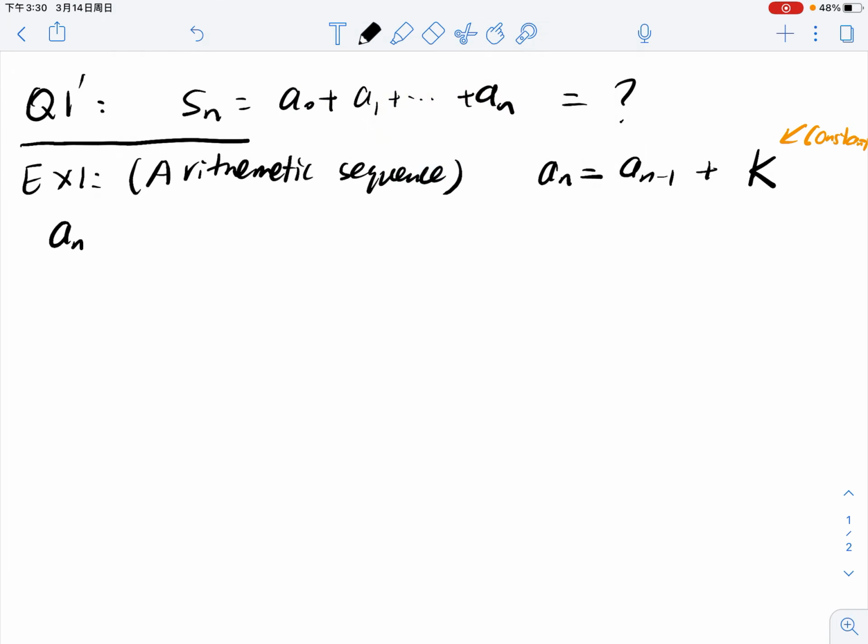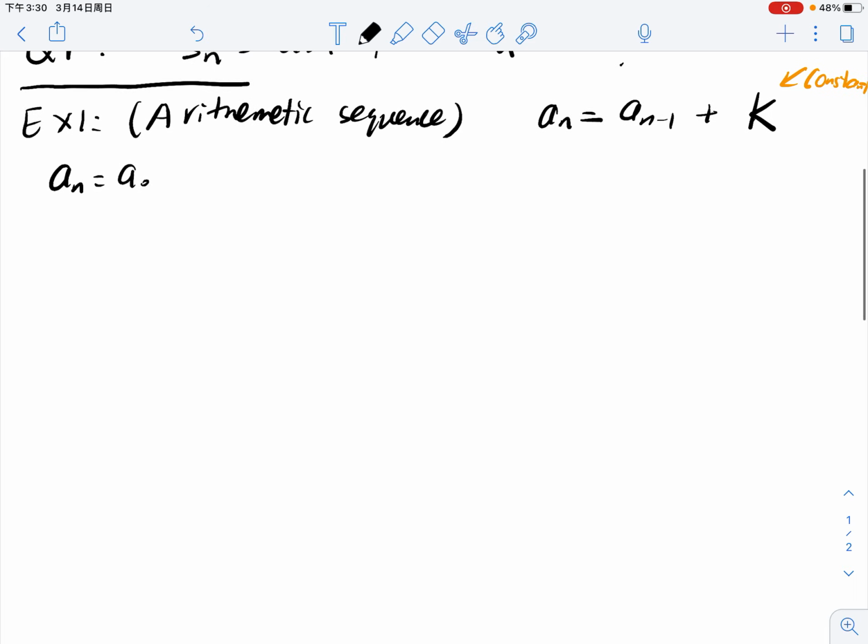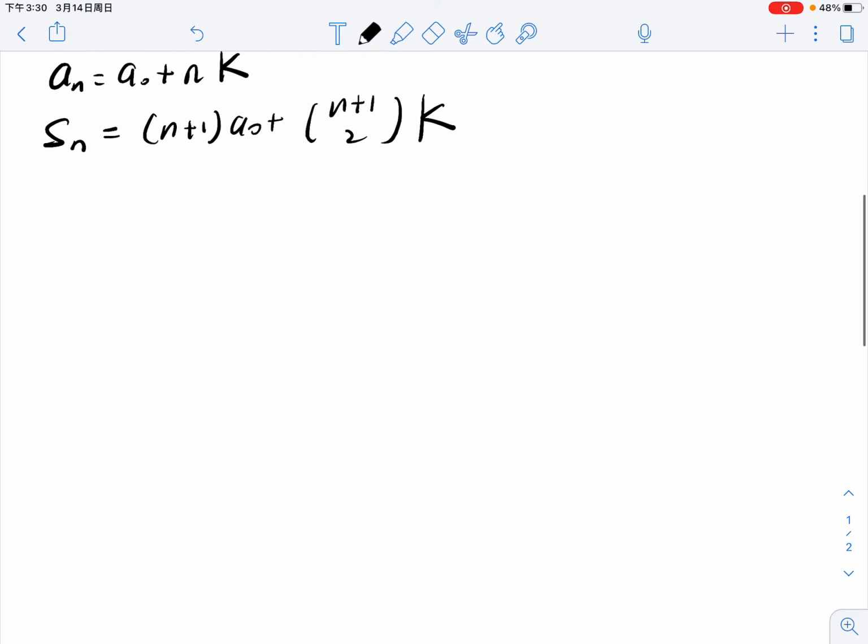Then from high school mathematics, we know that An is A0 plus nk, and Sn is n plus 1 times A0 plus n plus 1 choose 2 times k. You can verify it by yourself, it's not that hard.